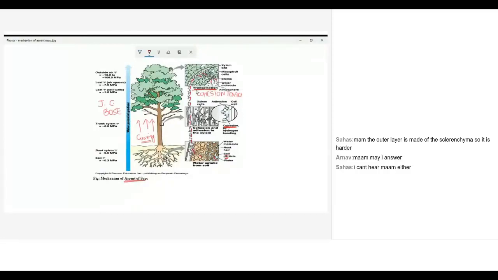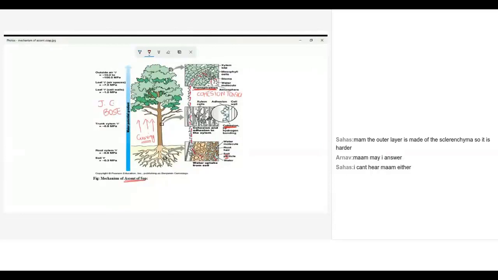Now here tension is nothing but the water potential difference. Water potential difference developed in the plant because of transpiration will help in cohesion of water molecules. Cohesion is nothing but binding with each other. All the water molecules will bind with each other and move in upward direction from the soil to the tip of the plant.